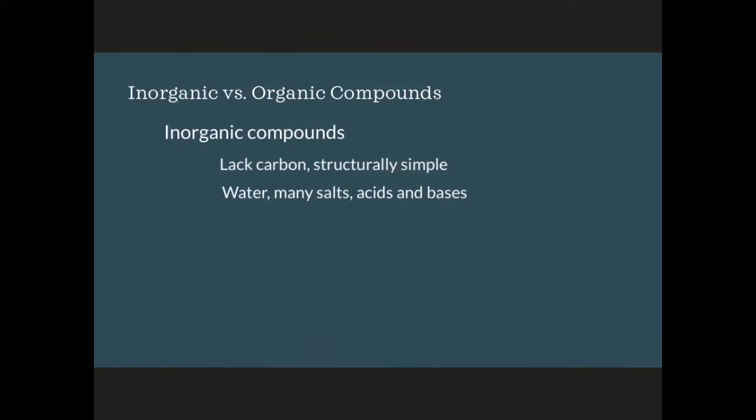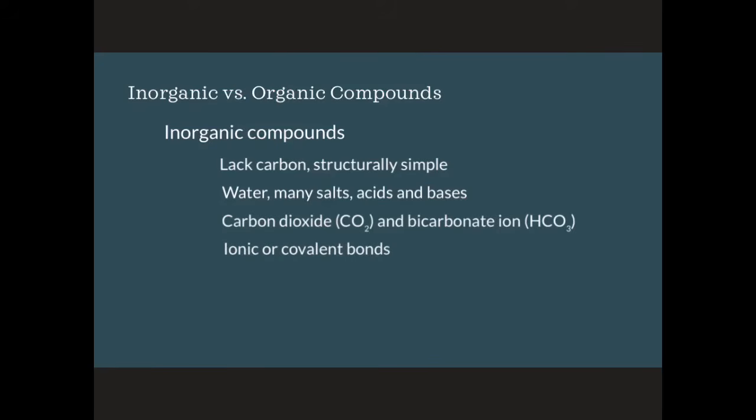They also include two carbon-containing compounds, carbon dioxide and bicarbonate ion. Inorganic compounds can have either ionic or covalent bonds. Water makes up about 55 to 60% of the total body mass of an adult, while the other inorganic compounds add about 1 to 2% of the total body mass.